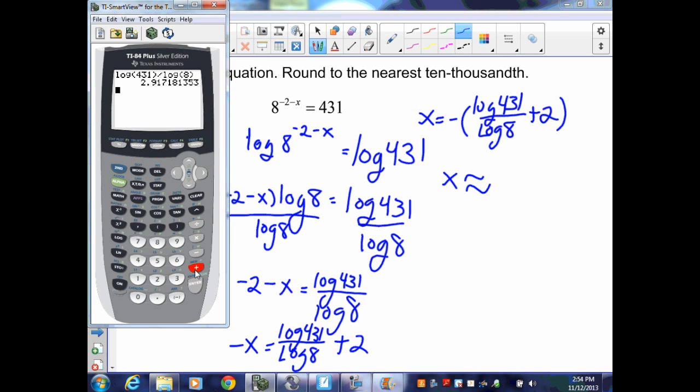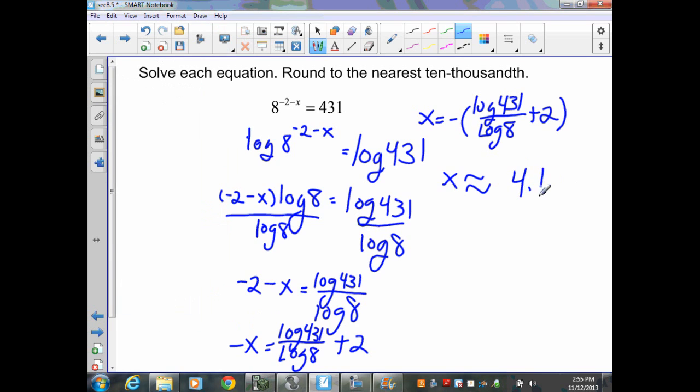I'm going to add 2, and that gives me 4.91718. When I approximate that to the 10,000th position, it's 0.9171. We look to the right, it's an 8, so it's 0.9172. But recall, this is going to make that negative.